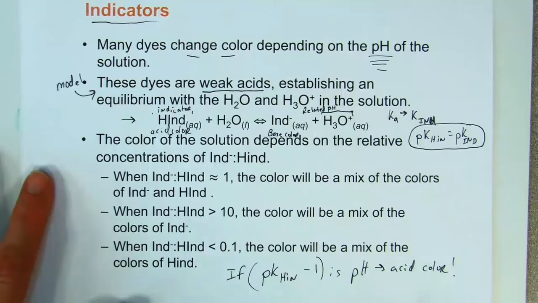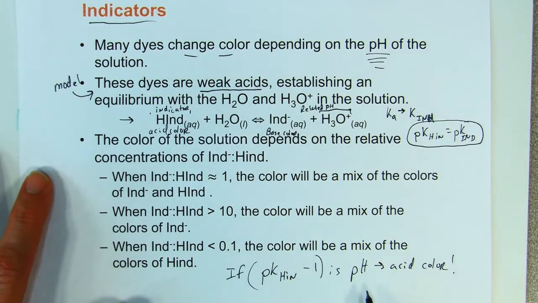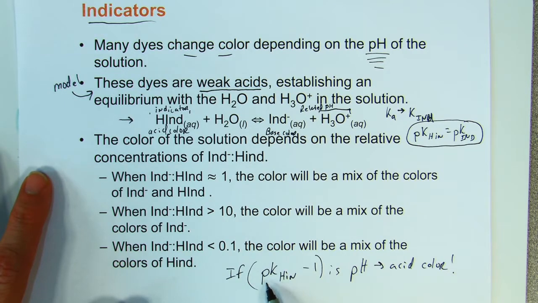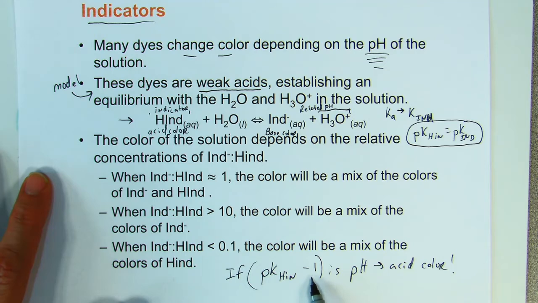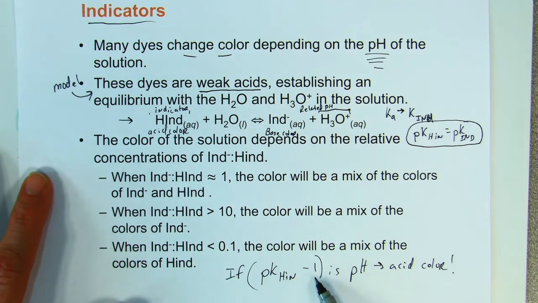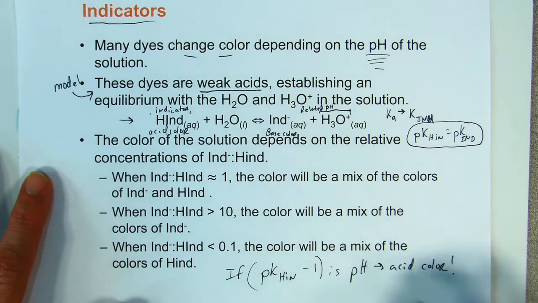Draw some simple conclusions down here at the bottom of the slide. If the pH level is the pKHIn minus 1, okay, so the pKHIn, that's the indicator pKa, take that number, subtract 1. If that's the approximate pH, your indicator dye is going to exist in the acid color.